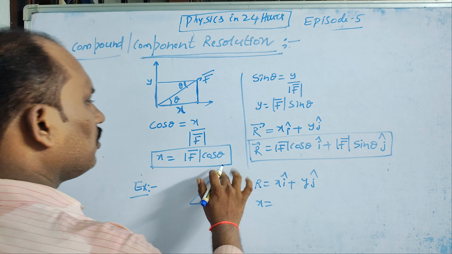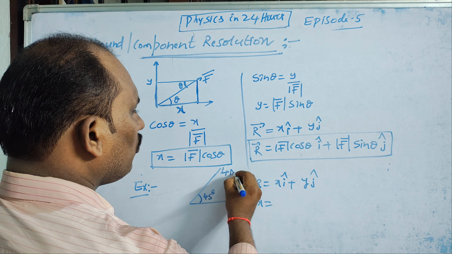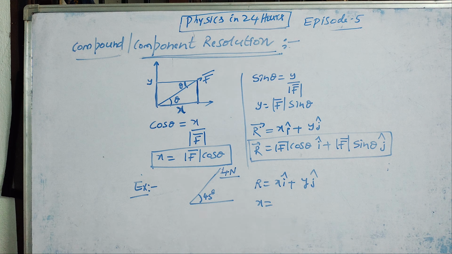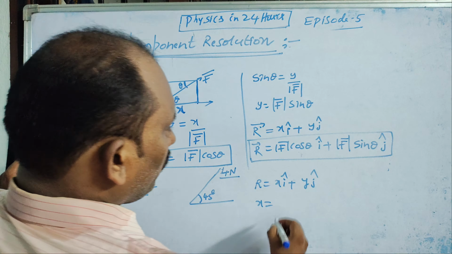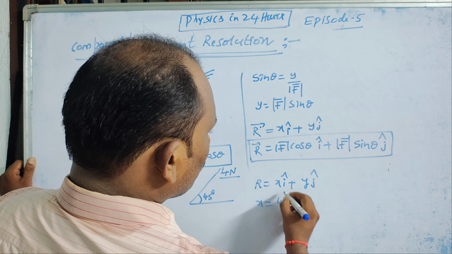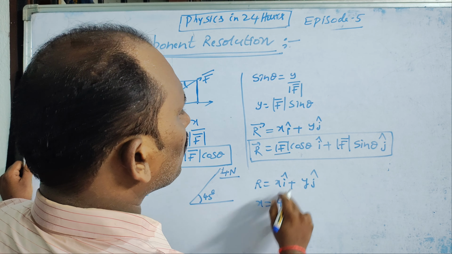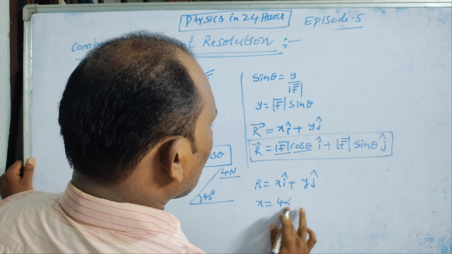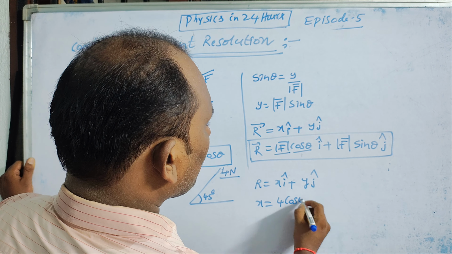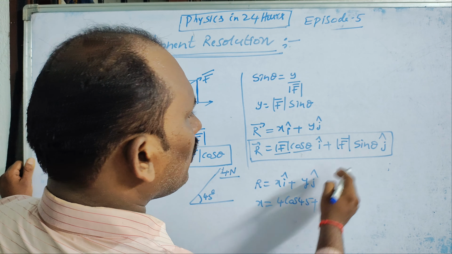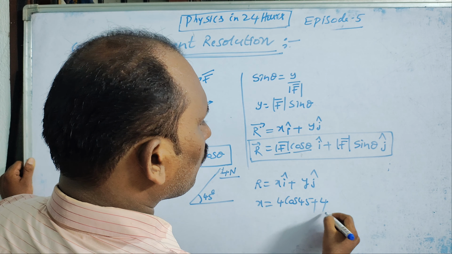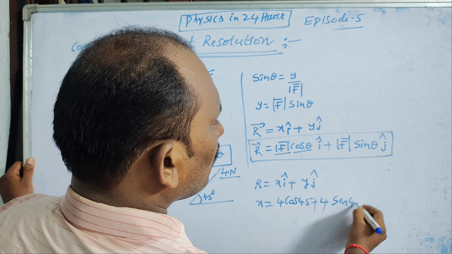So let us say 4 newtons acting along this direction. So what do you get? The x value: the modulus of F bar is 4 newtons, times cos 45, plus y. Y means modulus of F, once again 4, sin 45.